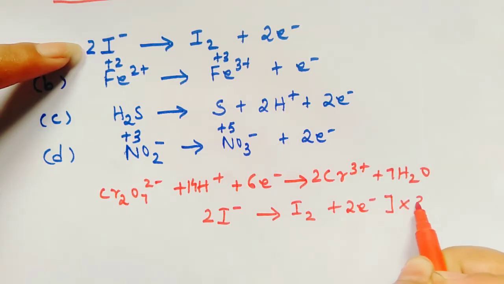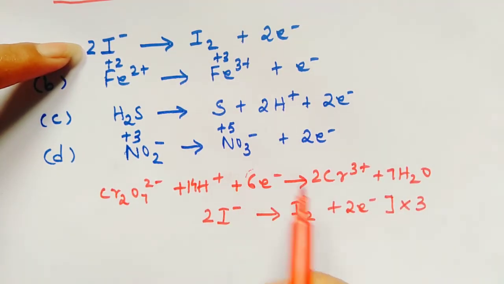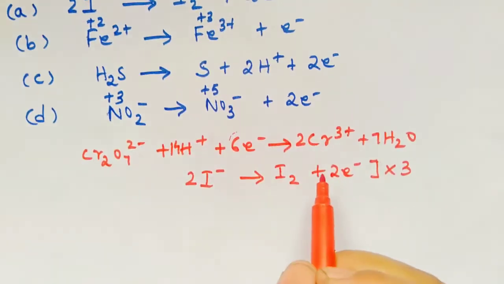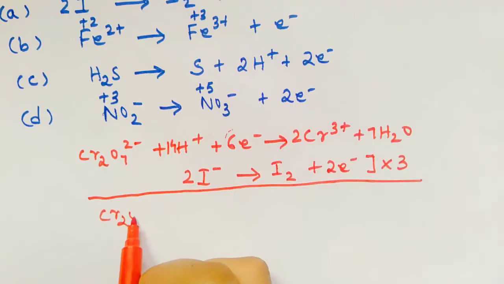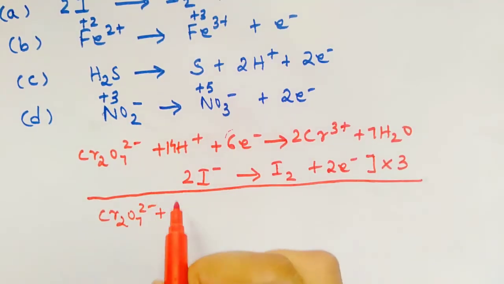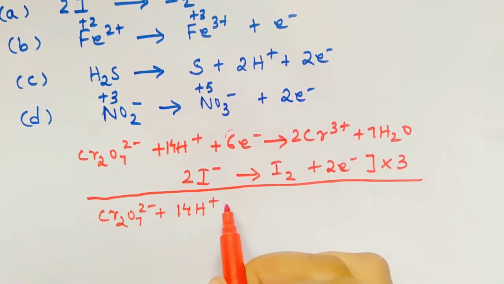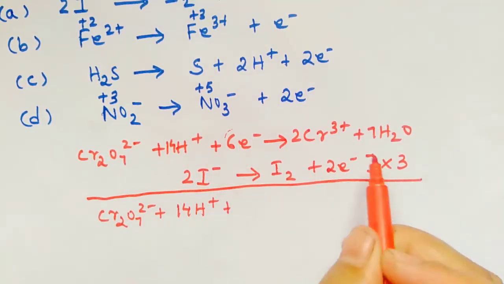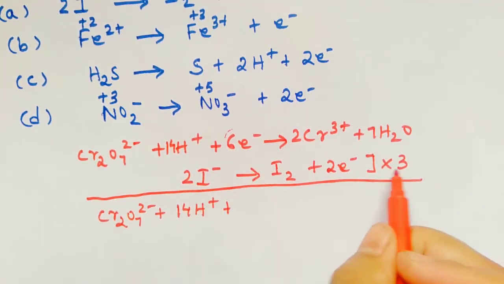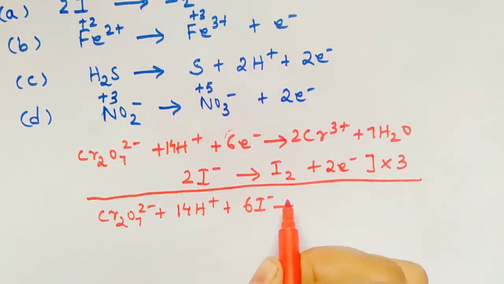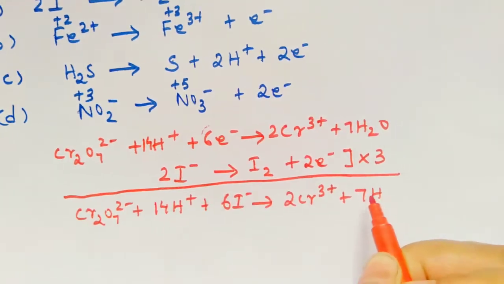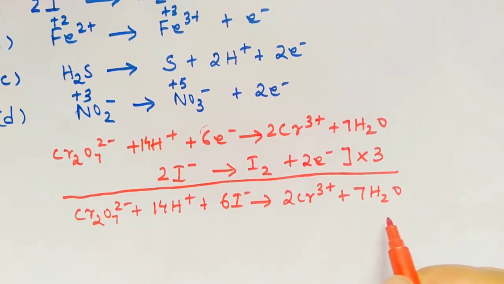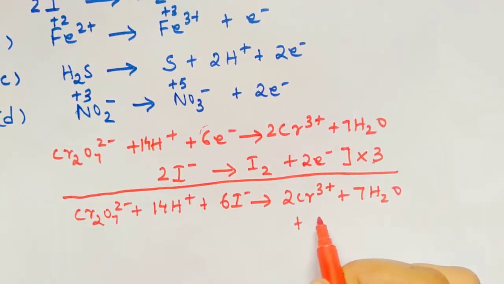We multiply by 3 so that this one will be cancelled with this. And then you add them up together. What do you have? Cr2O7 2 minus 14H plus, and then the electrons get cancelled, and then you have 6I minus, 2Cr3 plus, 7H2O, plus 3I2.